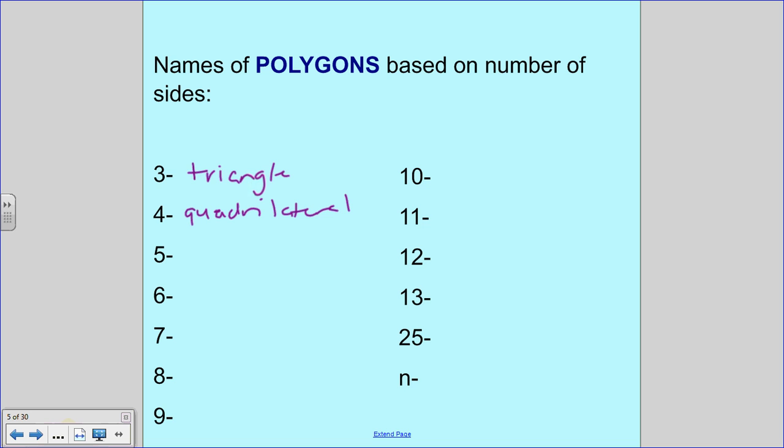Five-sided would be a pentagon. Six-sided would be a hexagon. Seven-sided would be a heptagon.